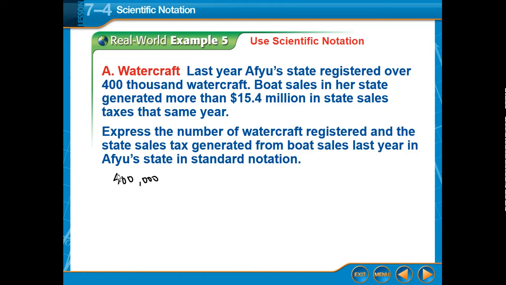Boat sales in her state generated more than 15.4 million. So 15.4 million, that's 15,400,000, like that. So we want to express the number of watercraft registered in the state and tax generated in state in standard notation.